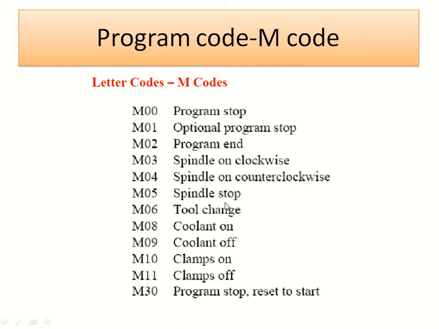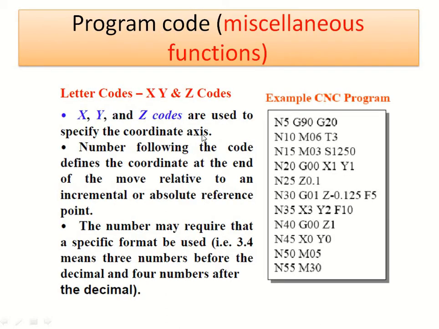M05, spindle stop. M06, tool change. M08, coolant on. M09, coolant off. M10, clamp on. M11, clamp off. M30, program stop, reset to start. So these are the miscellaneous M codes we can use as per requirement.